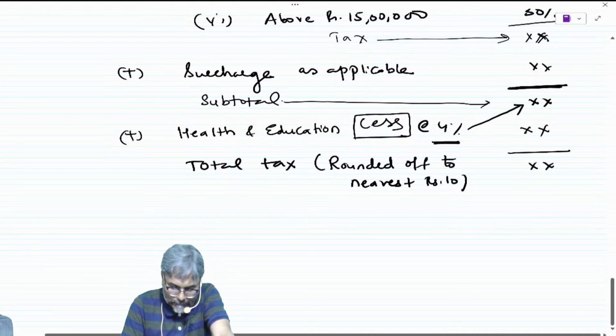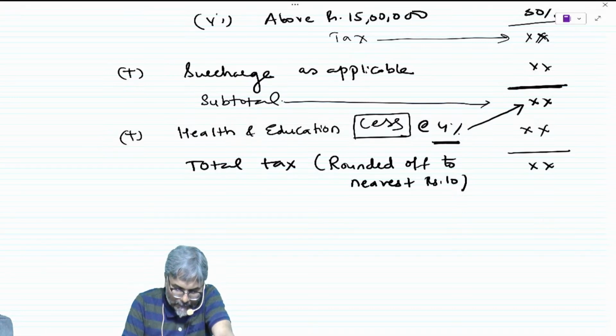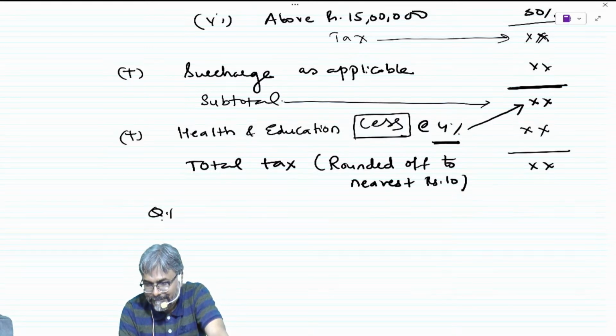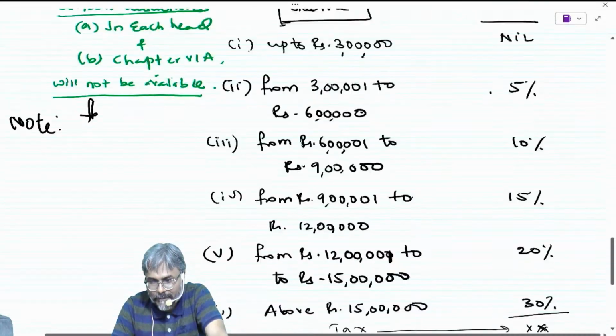Students, now we will solve one question right now, and I'll give you one homework also. Let me see what you people do. First, write question number one. Don't forget where we are.